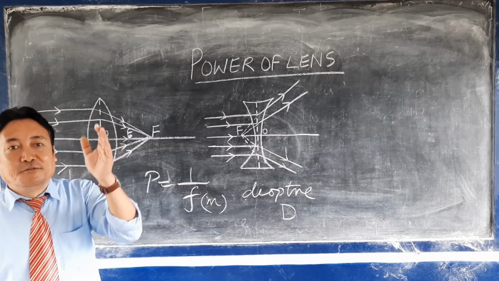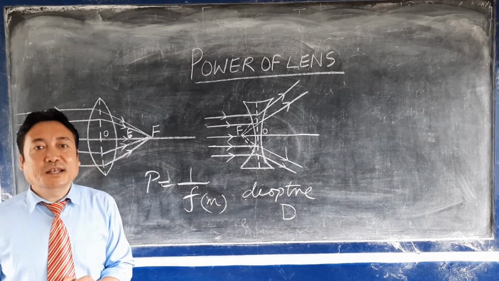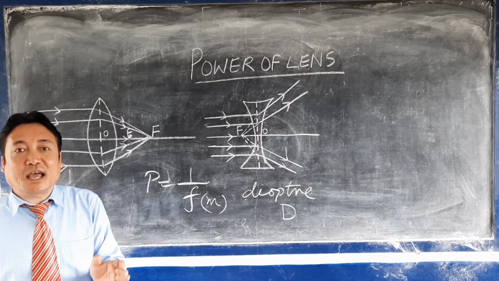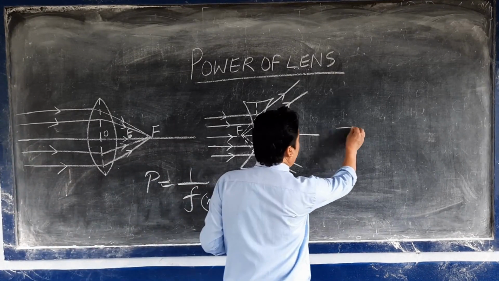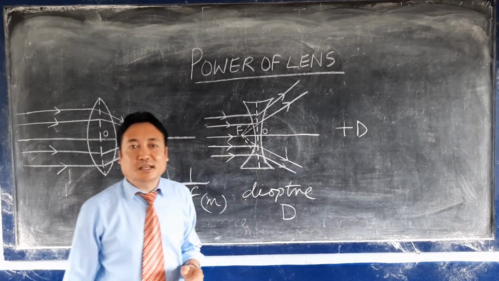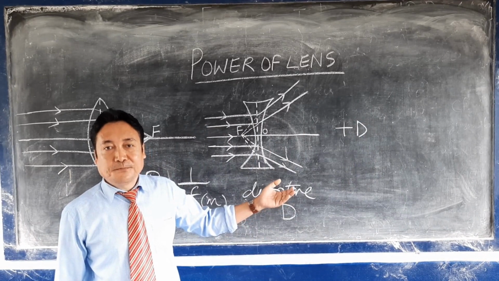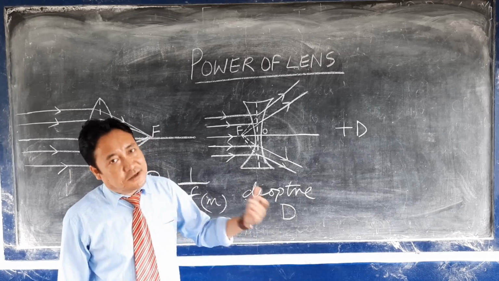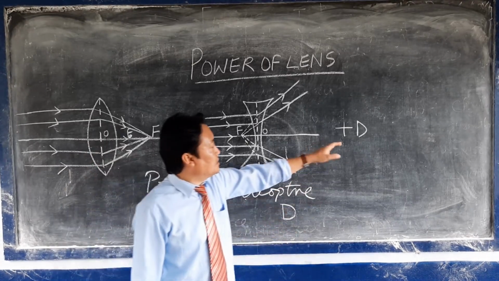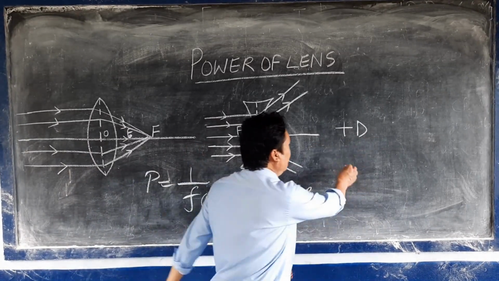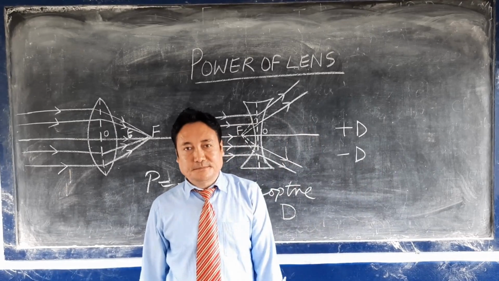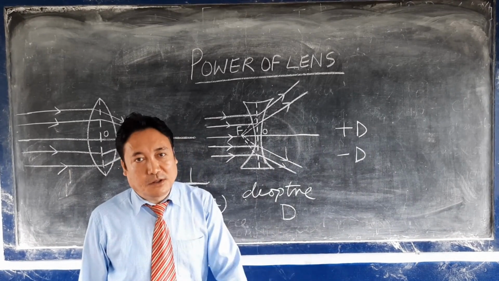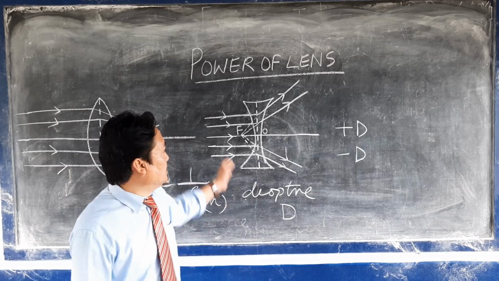In a convex lens, the focal length is taken positive, therefore the power is considered positive, written as plus D. Then in a concave lens, the focal length is negative, so the power will also be negative, written as minus D.